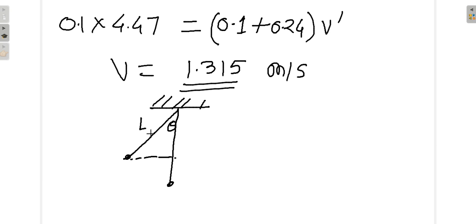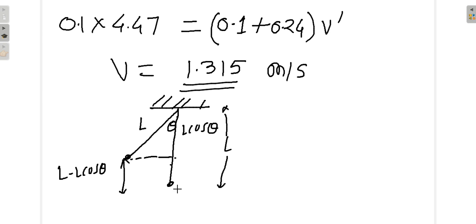This is theta, this is L. This will be L cos theta. This whole thing is L. So this height will be L minus L cos theta.